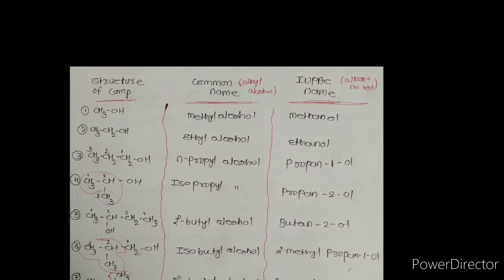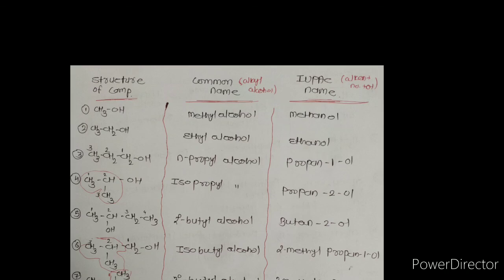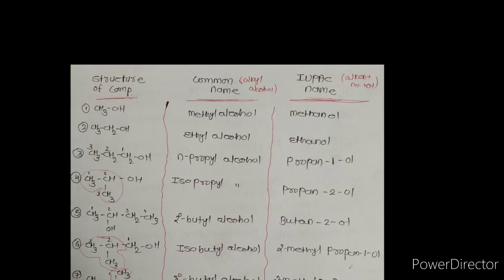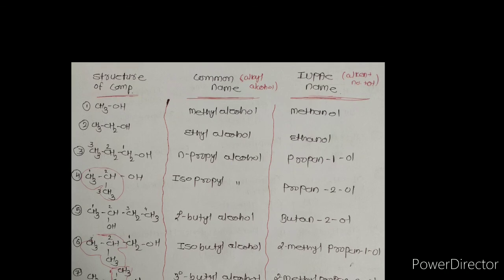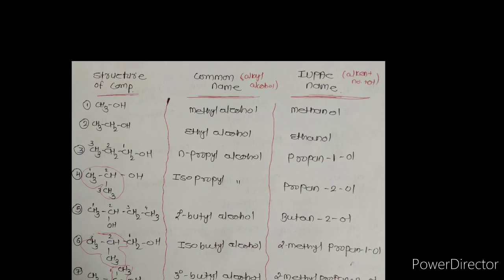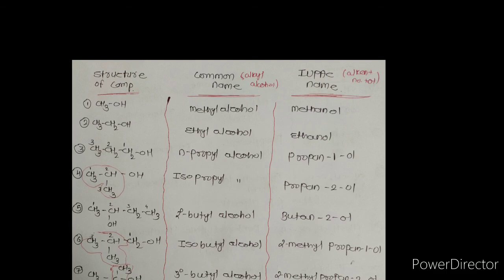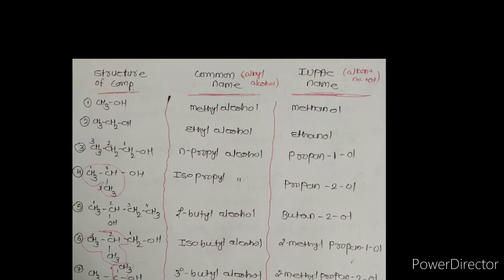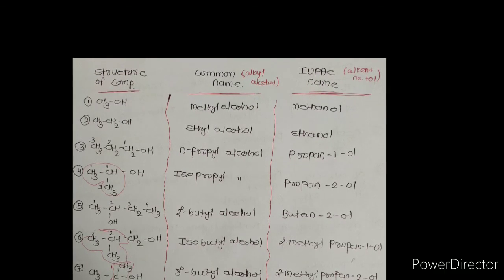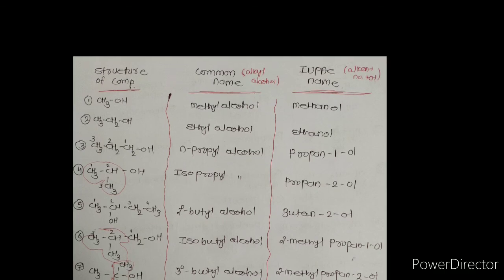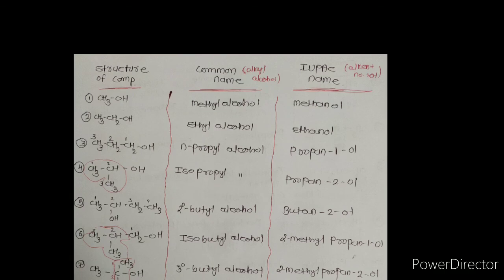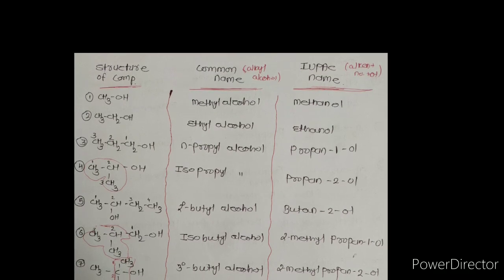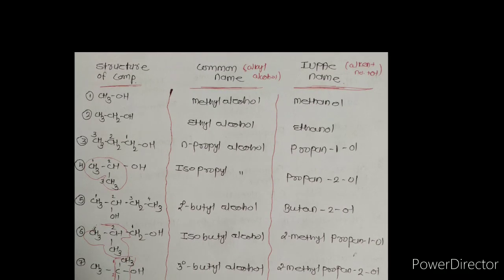So the final answer is methanol. Second compound, CH3CH2OH. Two carbons are there, hence its common name is ethyl alcohol, and its IUPAC name is ethanol. Third compound, CH3CH2CH2OH. Here 3 carbons are there, so whenever 3 carbons are there, we have to give the numbering in which OH gets the lower number. Its common name is n-propyl alcohol.